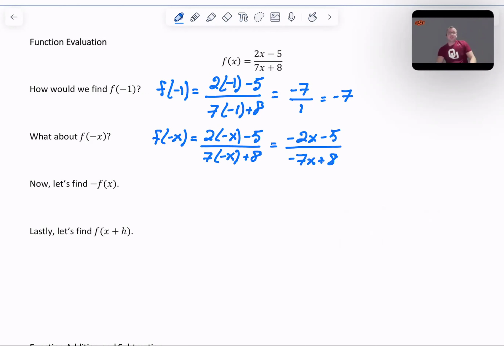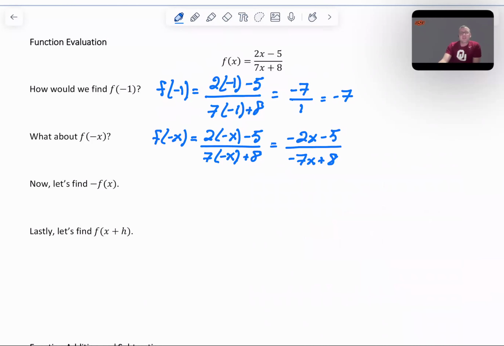So based off of that, do you think that this function is odd, even, or neither? It's not on here, but what do you think? It looks like it's actually neither.